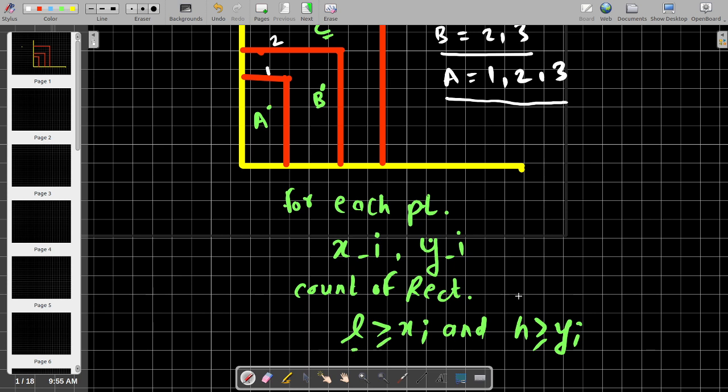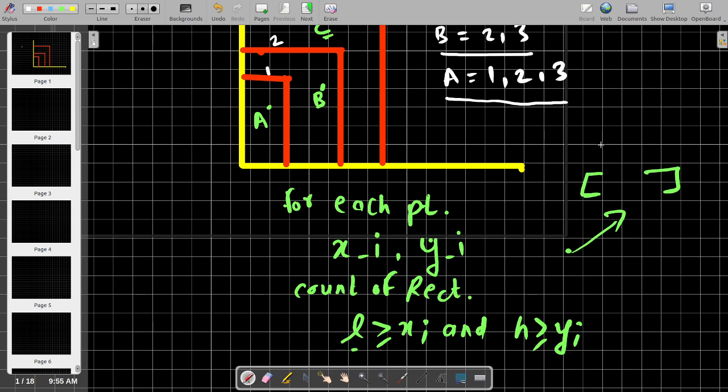Obviously, if it has to lie inside, what is the general formula for this to lie inside the range?